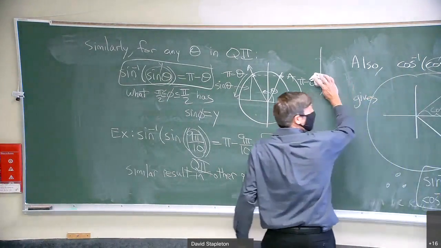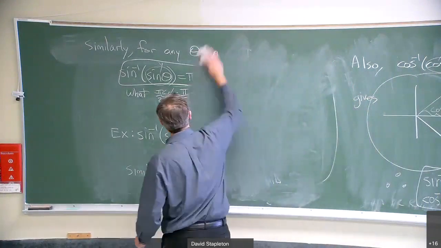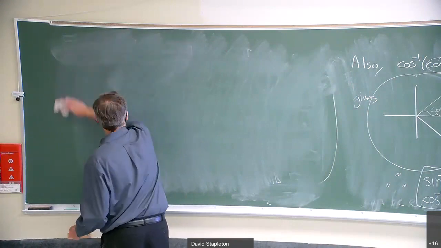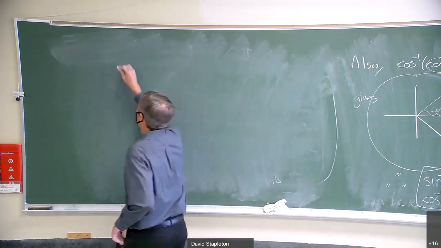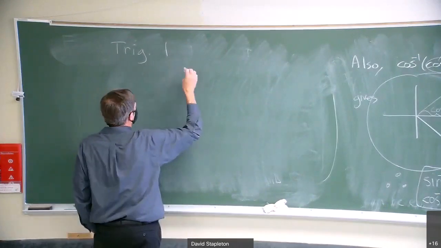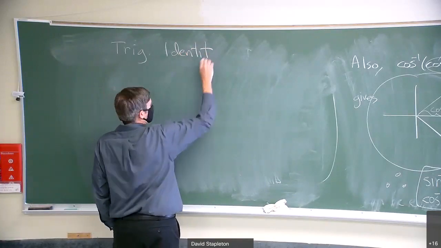So for the rest of today, what we want to look at is trig identities. This will be the next section. This will be on the test Thursday of next week, and however else far we get this week.